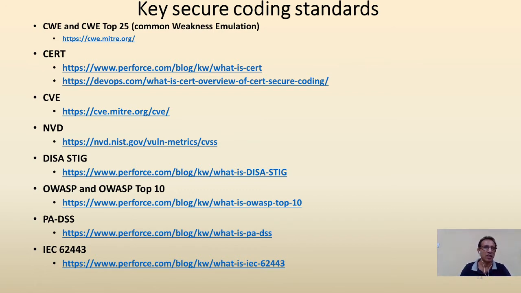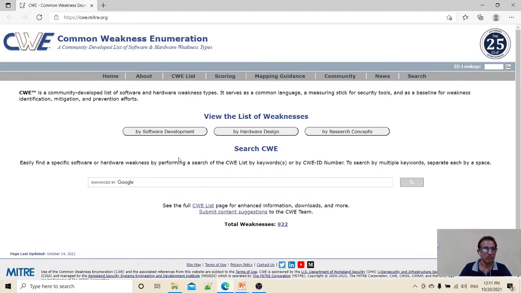There are plenty. For example, CWE is very common: the CWE Top 25 Common Weakness Enumerations, which developers need to know, including the issues, vulnerabilities and weaknesses introduced in particular areas. If you want to go through the site, you can just click on it and see all the common weakness enumerations.